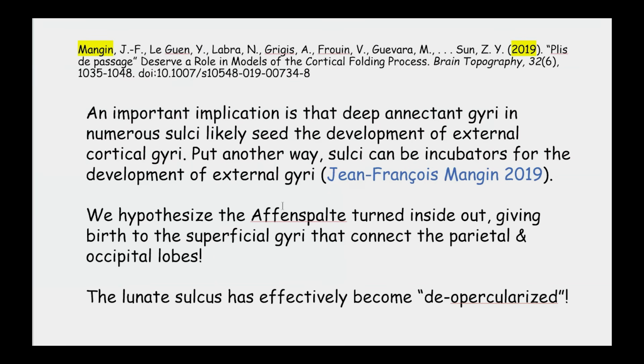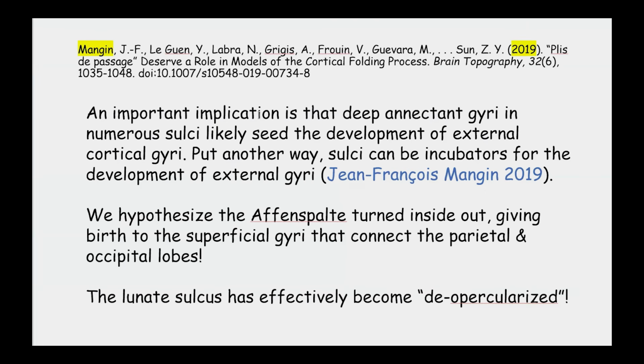And so instead of the lunate sulcus, which doesn't exist, covering the deep sulcus, it actually was overflowed and gave rise to these gyri. So no longer do we have a lunate sulcus that's opercularizing the depth of the sulcus. And so what we think happened is that these connecting gyri swelled up to the surface and then they de-opercularized. They actually created or evolved into new big convolutions on the brain that covered up the lunate sulcus, and it was gone.